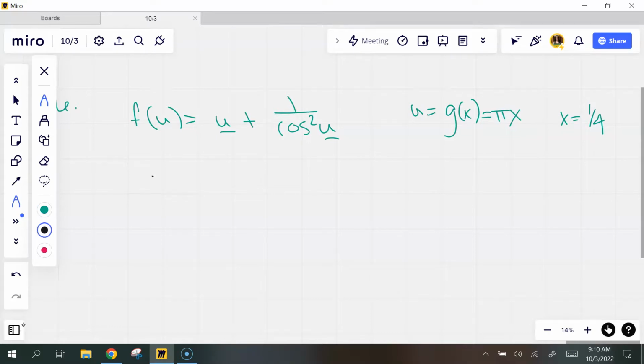Remember what I'm trying to find. I'm finding this.